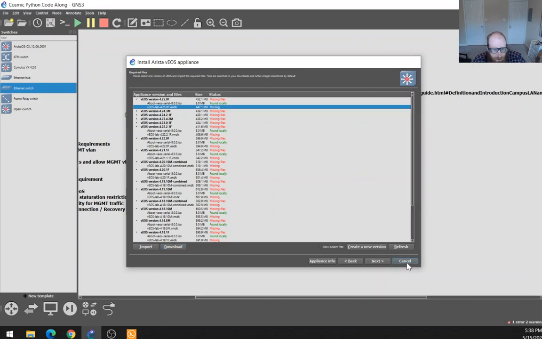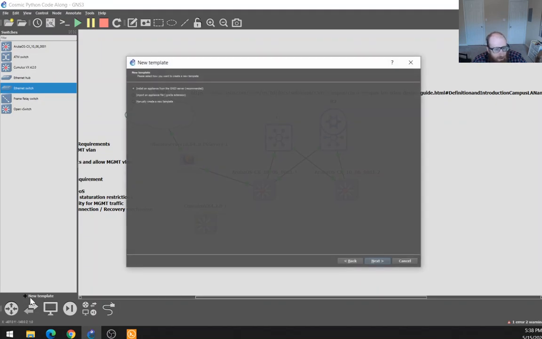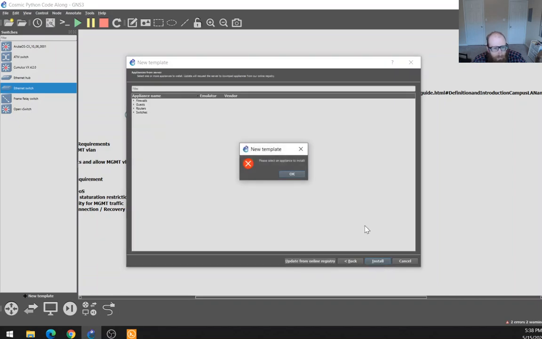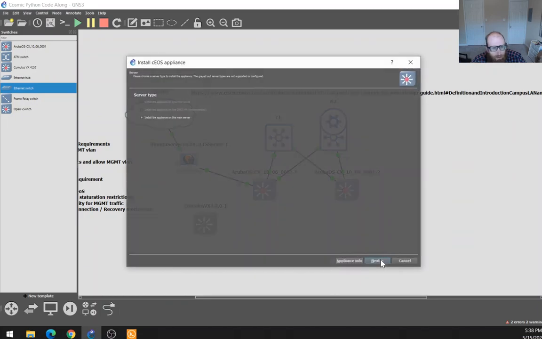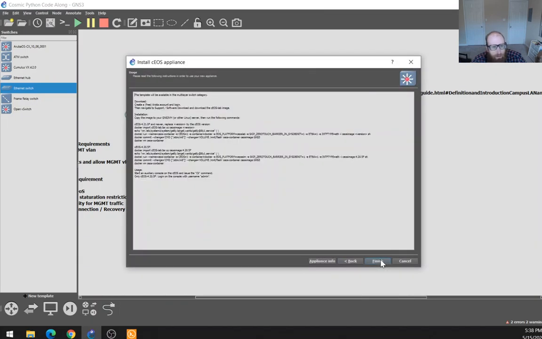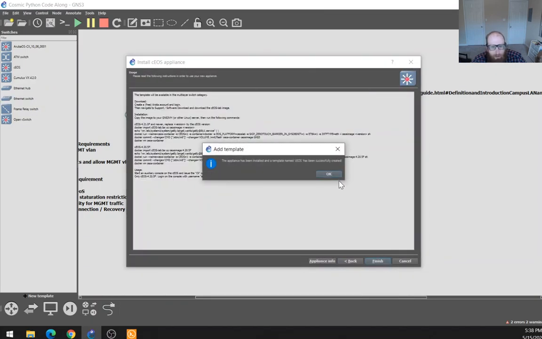Let's see if there's another one. Here's an Arista Docker container. Okay, sweet.